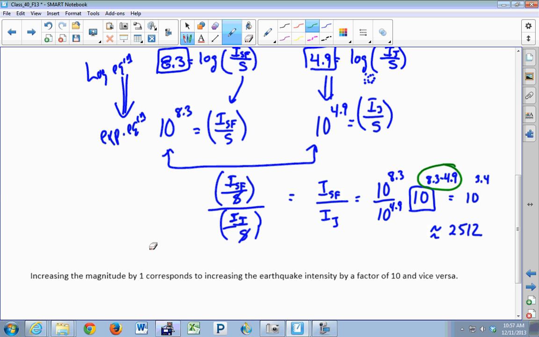If your numbers have a difference of 3, then it's 10 to the third, 1,000 times more powerful. If it was 10 to the fifth, then it's 100,000 times. So if you have an earthquake that measures, say, 3, and one that measures 8, that's 100,000 times more powerful. So every time you see a change of 1 on any logarithmic scale, it changes by a factor of 10.